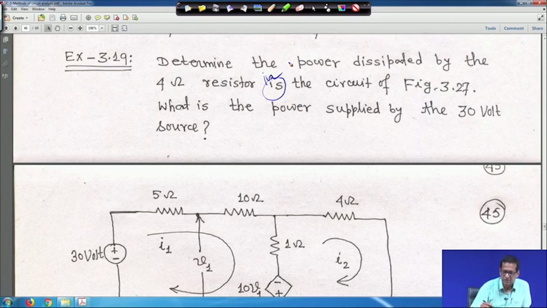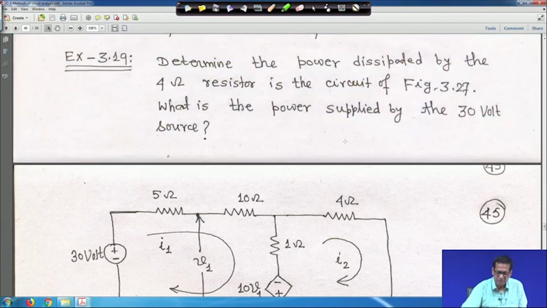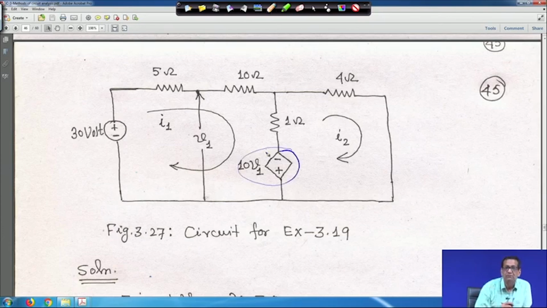Let me clear it. If you look into this circuit, you have one dependent voltage source, 10 V1, and this V1 is the voltage across it.